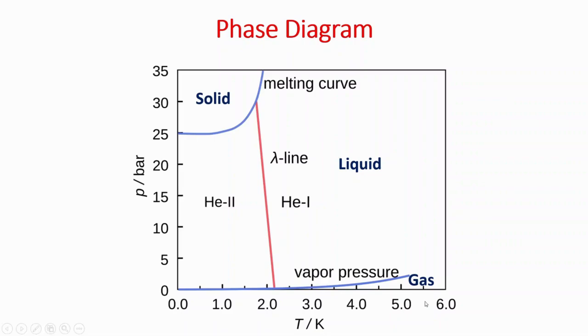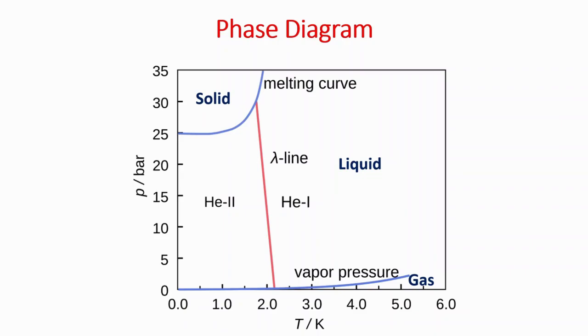So not only that, helium can also be converted into a solid. How? If you cool down sufficiently below 2.17 Kelvin, near 1 Kelvin, and if you can apply a very high pressure of 25 bars, very high pressure. Okay, at atmospheric pressure it will never become solid, it will just become a liquid.